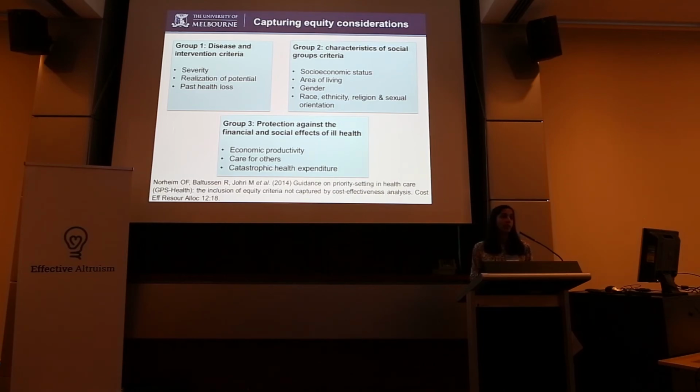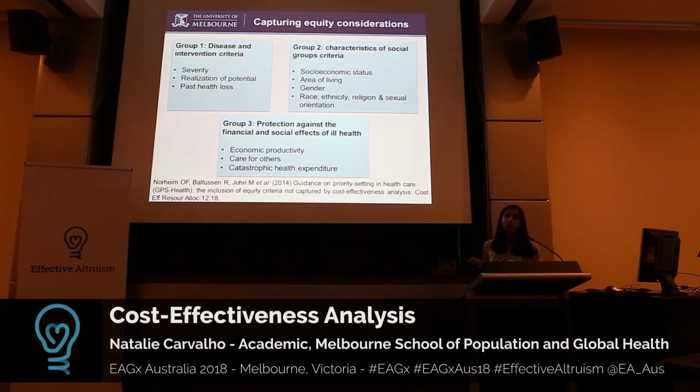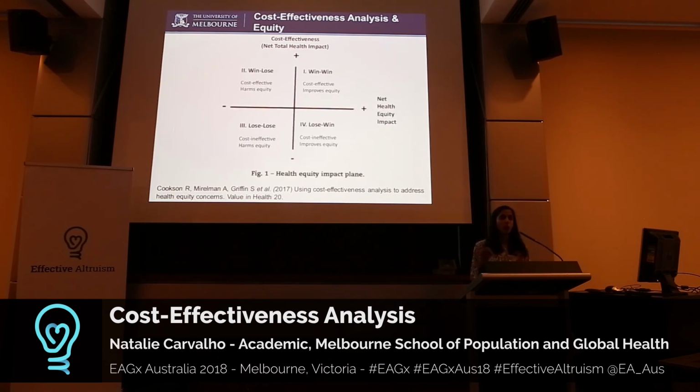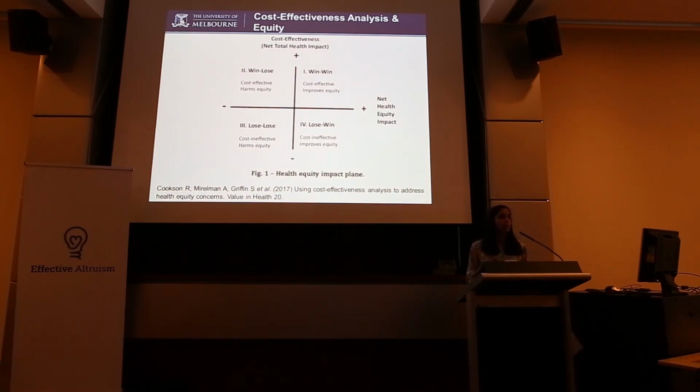And finally, there's a great paper that looks at equity criteria that are important but are generally not captured within cost effectiveness analysis. And I'm not going to go through the different groups, but they capture a whole range of equity criteria that are important. And I just want to end with this graph that I thought was quite new.